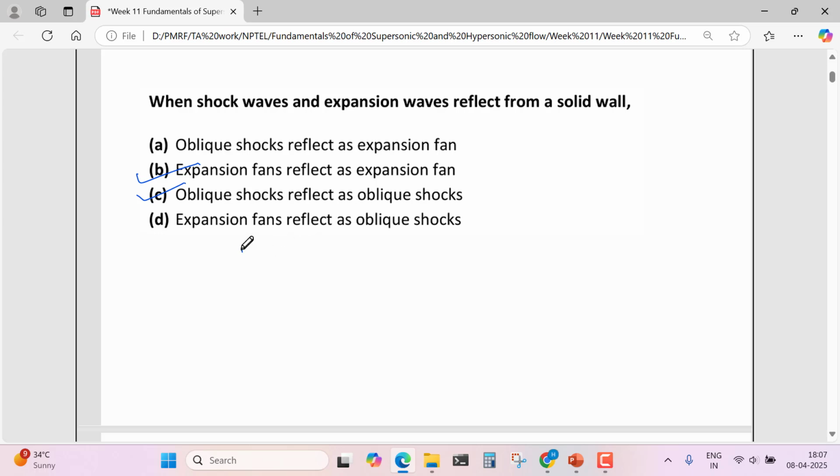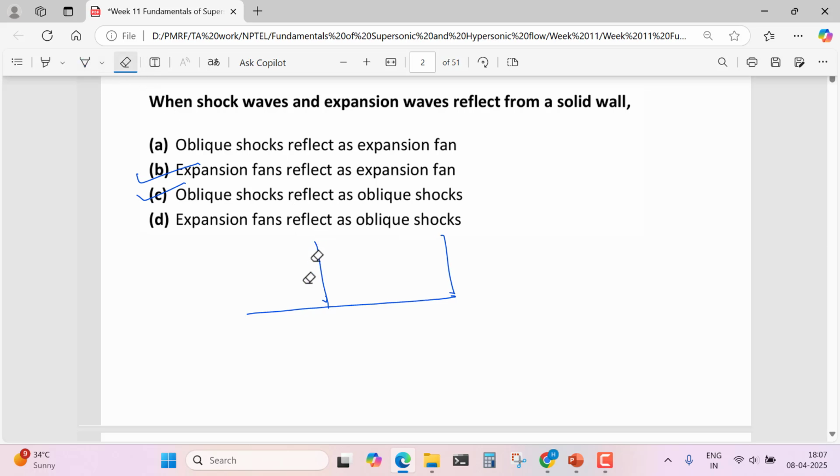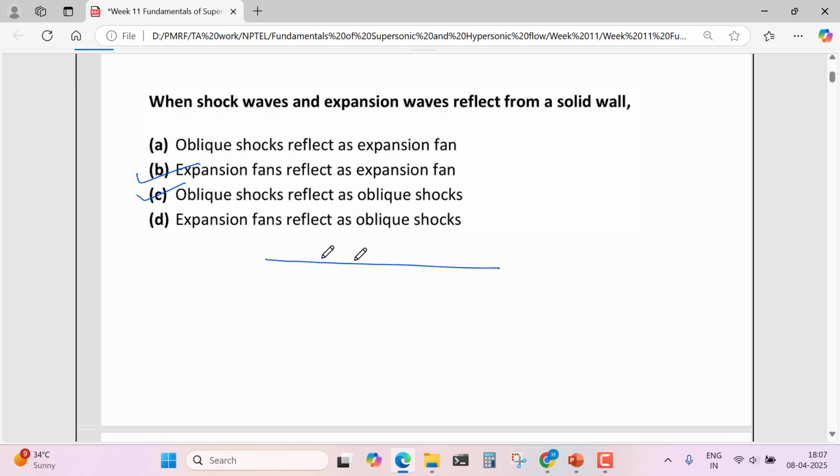Whenever there is a wall and an oblique shock is reflecting, it will reflect as an oblique shock only. Its nature will remain the same. Whatever wave is reflected from the solid wall, its nature will remain the same.